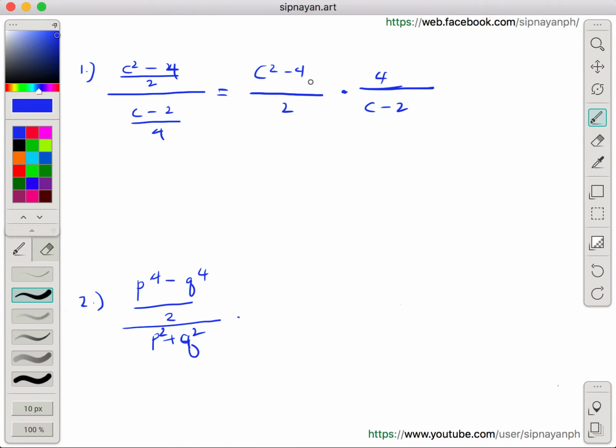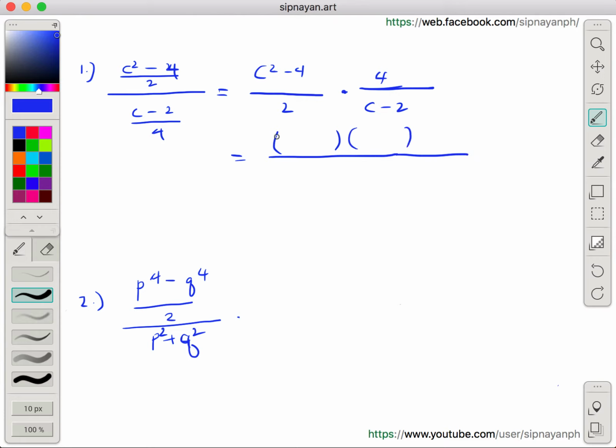And then, before we multiply, tignan natin kung meron tayong pwedeng i-factor. So, ito yung c squared minus 4. This is a difference of 2 squares. So, may nakita kayong perfect square tapos perfect square separated by a minus sign. Ang tawag natin dyan is difference of 2 squares, at ang factor niyan ay dalawa, no?